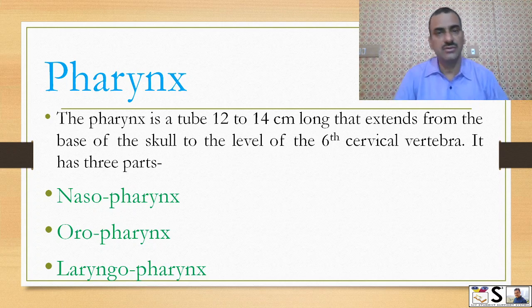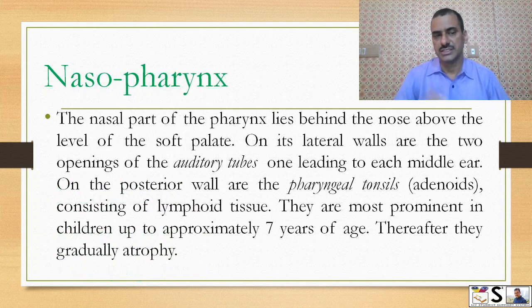Now the second part, the pharynx. The pharynx is a tube-like structure approximately 12 to 14 centimeters long that extends from the base of the skull to the level of the 6th cervical vertebra. It has three parts: nasopharynx, oropharynx, and laryngopharynx. The upper part is the nasopharynx, which lies behind the nose above the level of the soft palate.